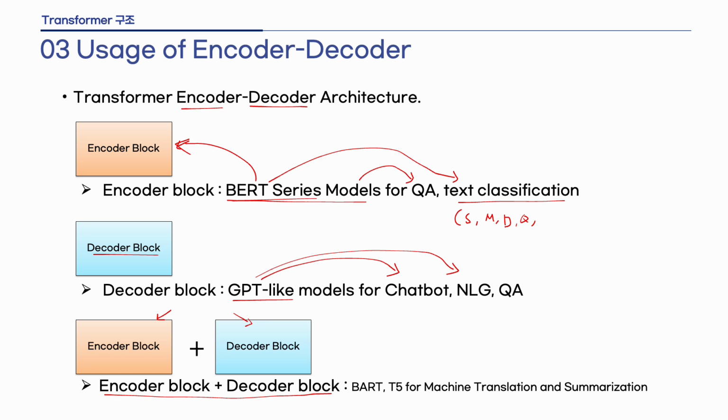This kind of model has been applied to machine translation and summarization, and there are two representative models named BART and T5. Probably later on we're going to discuss the structure of T5 and BART. But for today, we're going to talk about the encoder block.